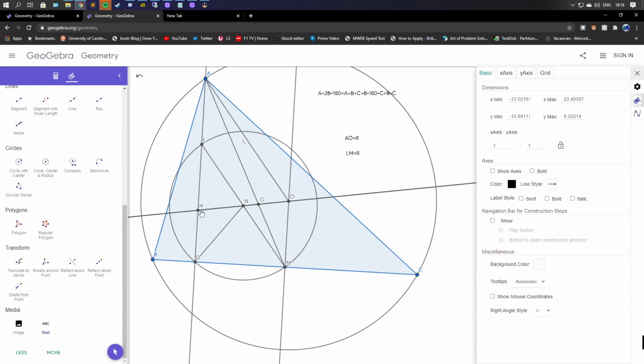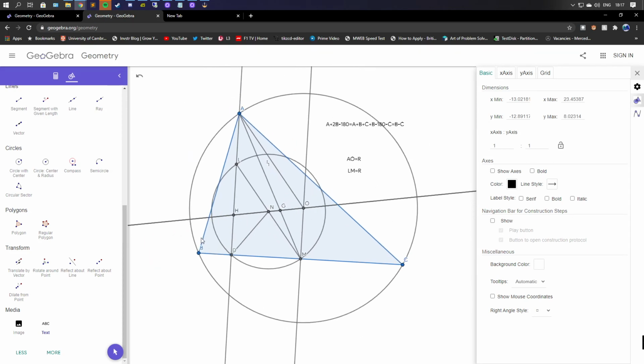So let's look now at HLN. Now, this might be slightly more complicated to work out because of the construction of these particular points, but it shouldn't be too bad.